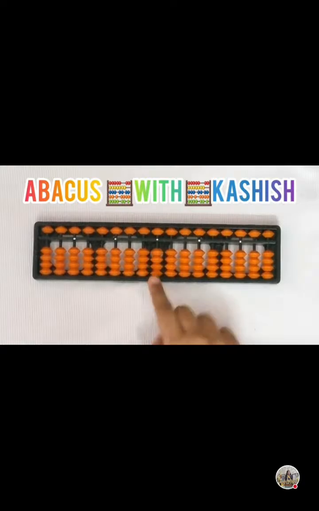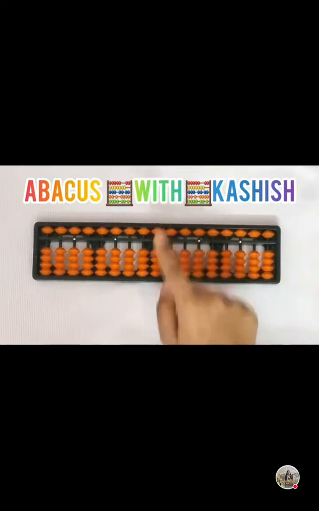One lower bead has a value of 1. So if I want to make 1, what will I do? I will add 1 here, so the value on my abacus will be 1. But if I want to make something greater than 4, like 5, 6, 7, I will have to take the help of the upper beads present over here. The value of one upper bead is 5.